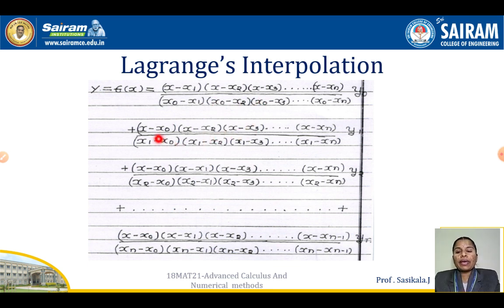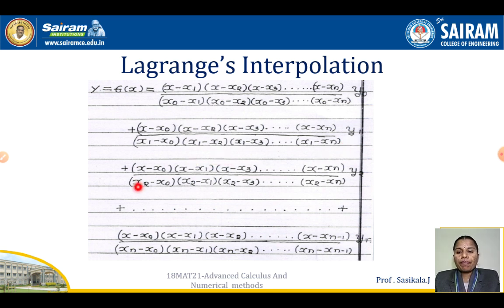Similarly the second term: x minus x0 is there for the second term, for x1. You are not supposed to write x minus x1 here. So the formula is (x minus x2)(x minus x3) etc. (x minus xn) by (x1 minus x0)(x1 minus x2) etc. (x1 minus xn) into y1.